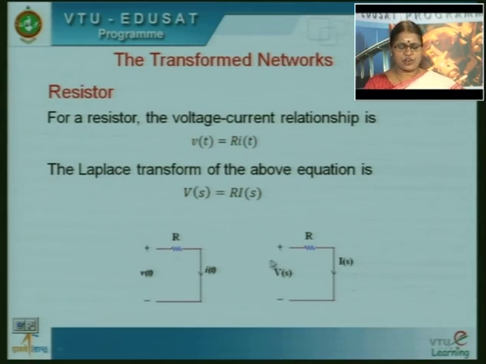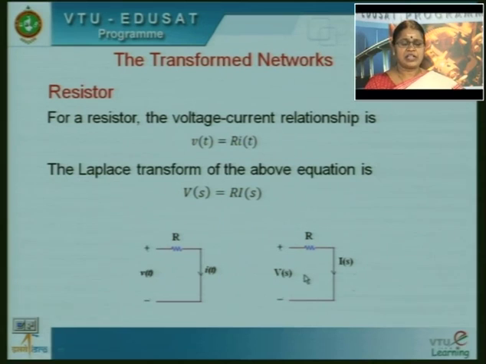If I write the equivalent circuit, it has a source V of S which is given to a resistor of value R, and the current flowing through the resistor is I of S. So, instead of writing the equation and then taking the Laplace transform of the equation, we can directly write the equivalent circuit in S domain.